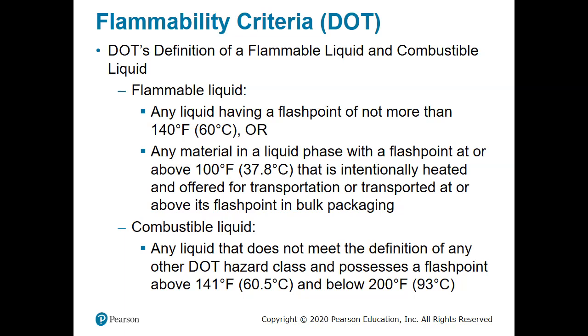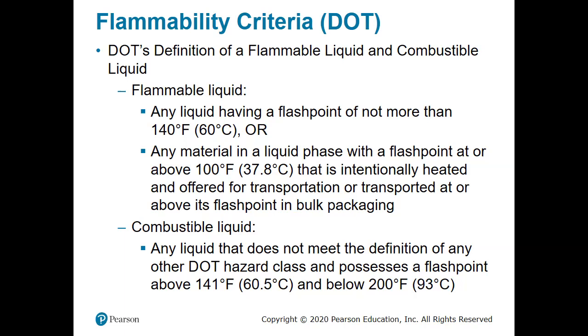So DOT has slightly different definitions because of the more difficult kinds of situations associated with transport. And for that reason, combustible liquids follow into the same idea. But this is really important.